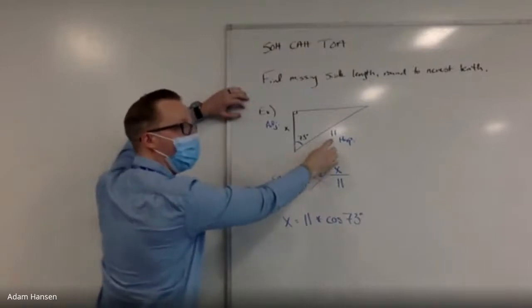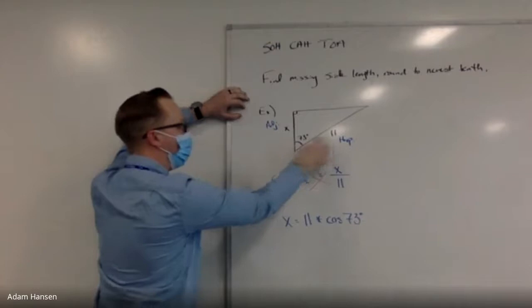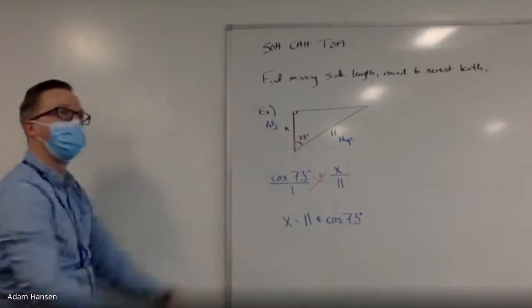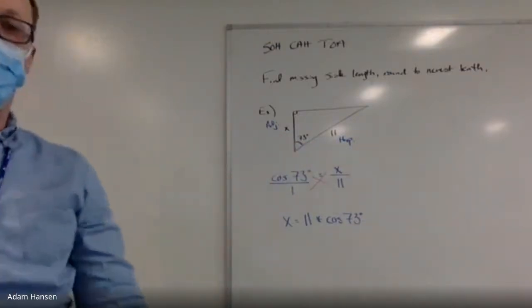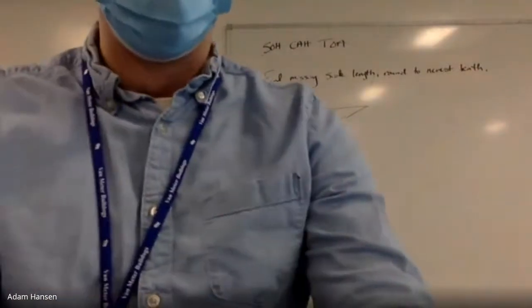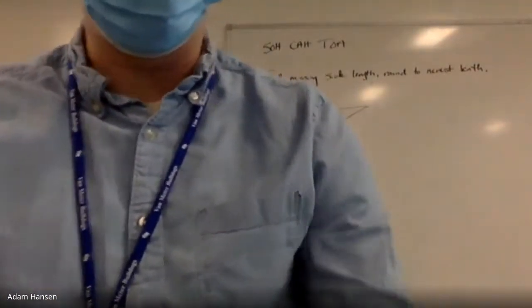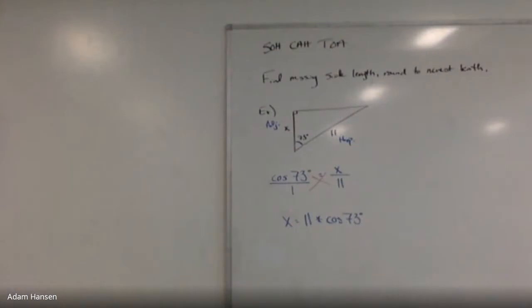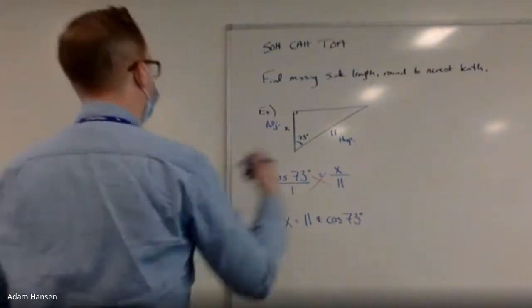Hypotenuse is 11. Isn't that the biggest of all 3? Right. Hypotenuse is the biggest of all 3. So shouldn't any other side length have to be less than 11? Yeah. So I'm going to do 11 times cosine of 73. You're going to get a decimal. What are you round to? 3.2. Yeah.